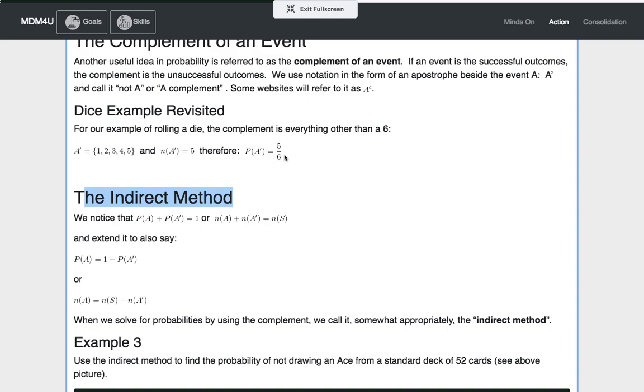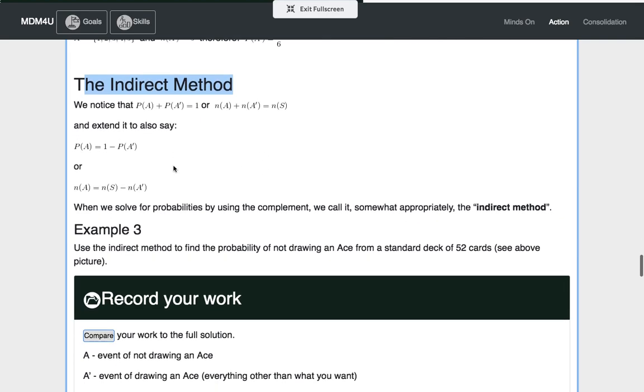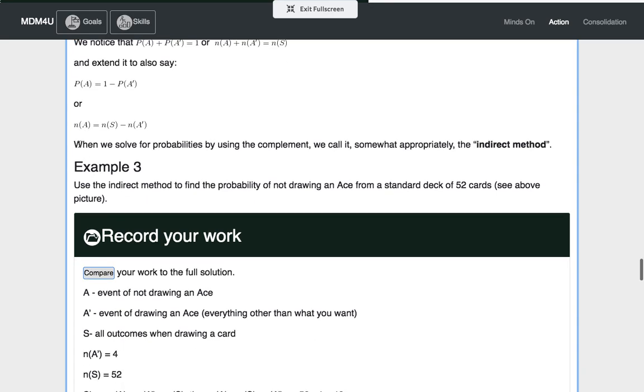Therefore, the probability of us rolling the complement is 5 out of 6. So for us to write it mathematically, we can write it as such right here, where we have n(A) = n(S) - n(A complement). So basically all the solutions, subtract the complement, and we would get the number of times we rolled a 6.